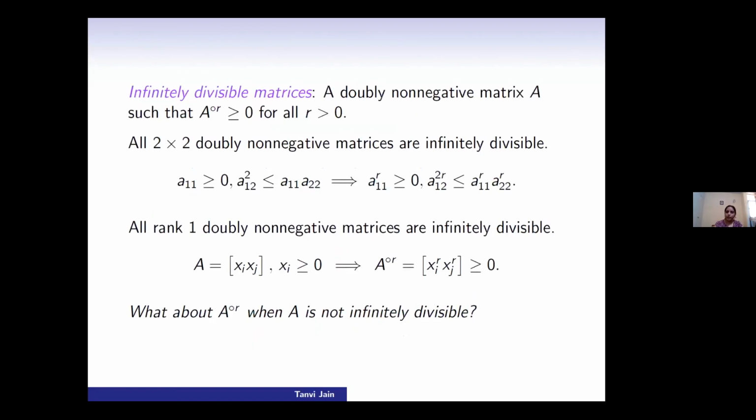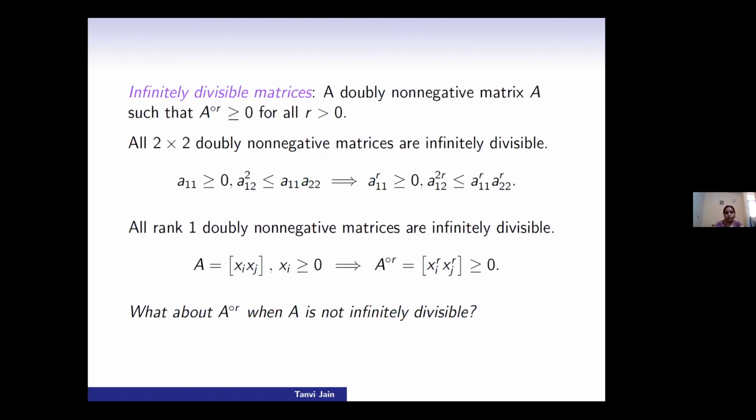That motivates us to introduce a smaller category of matrices, infinitely divisible matrices, where A_ij to the power R is positive semi-definite for all R greater than or equal to 0. When we start with a doubly non-negative matrix, one can easily see that a 2 cross 2 positive semi-definite matrix is infinitely divisible.